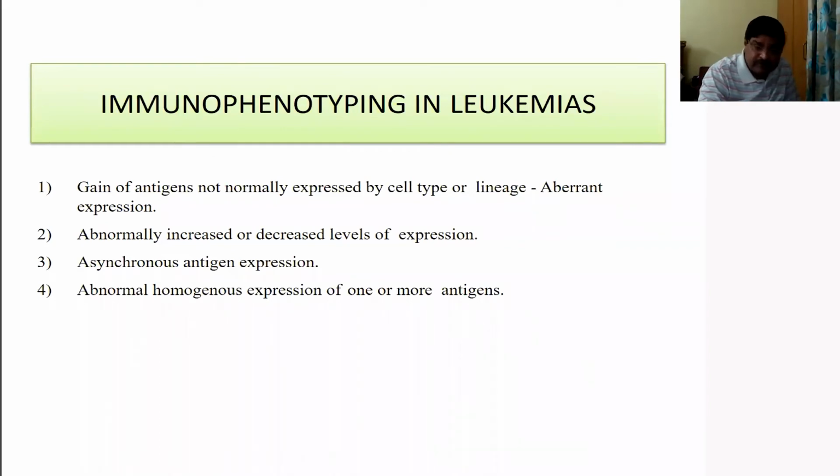Sometimes you'll have loss of antigens, like loss of CD10, sometimes loss of CD15, loss of many of the markers as the patient gets treated. You can have abnormal homogeneous expression of one or more antigens. So based on all these morphologic features and immunophenotypic characteristics, you can make a diagnosis and can detect abnormal populations in flow cytometry. Next.